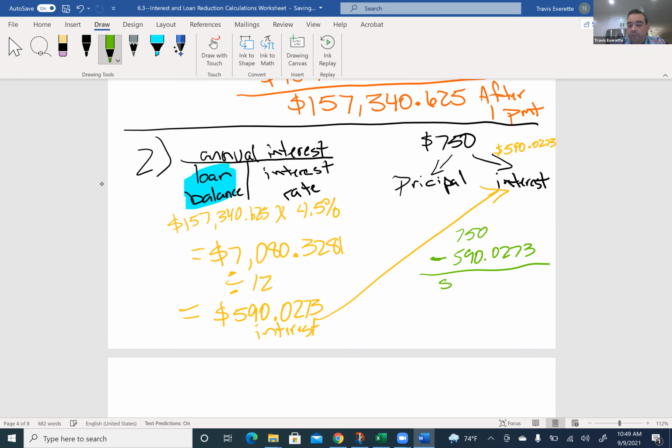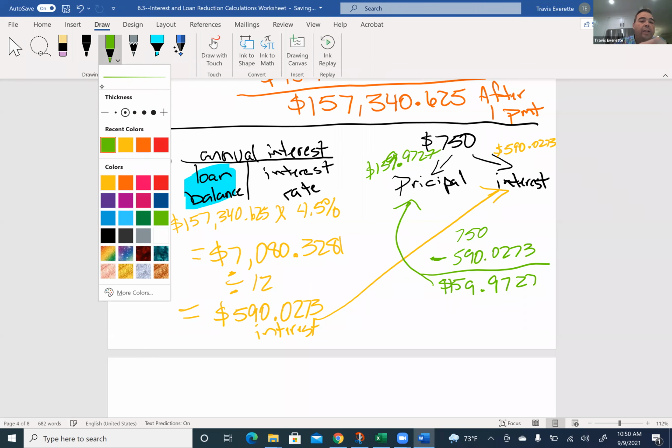That is $159 and about 97 cents, which is my principal for month number 2. So 159.9727 in month number 2. Still not quite at the answer they want to see, but I'm really close.